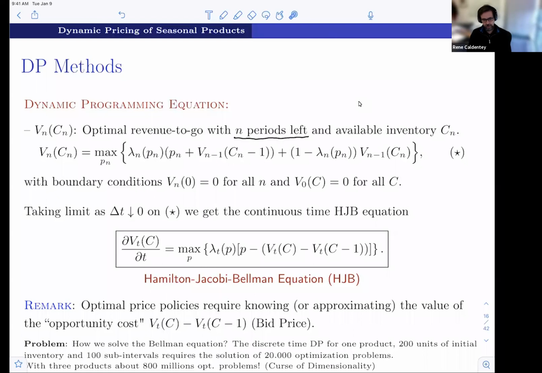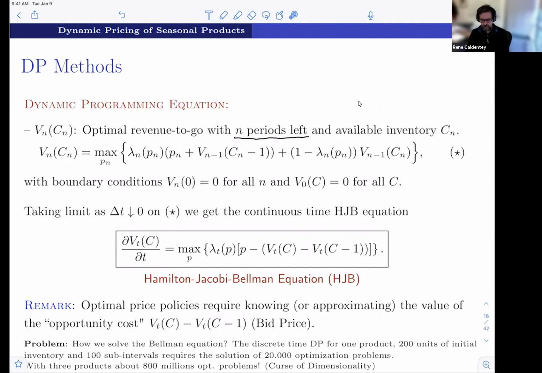And then what we're going to do is essentially take a limit as the interval between periods goes to 0. And we are going to derive this Bellman equation, this HJB equation, in continuous time. So the partial derivative of your value function with respect to time is equal to the max over p of this expression that I have here. Now, maybe you have seen this before, maybe you haven't.